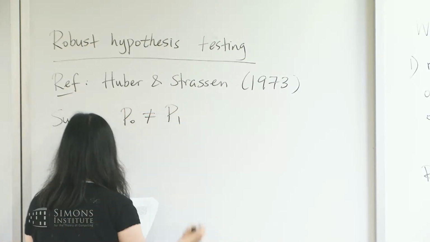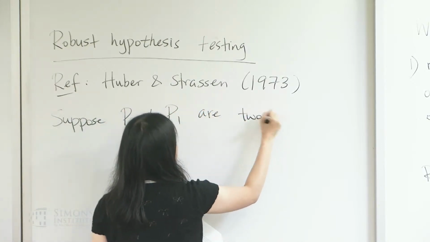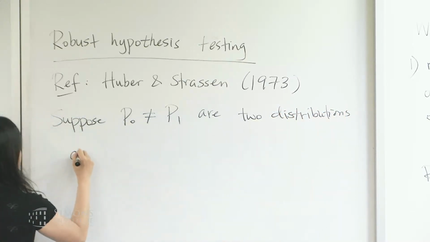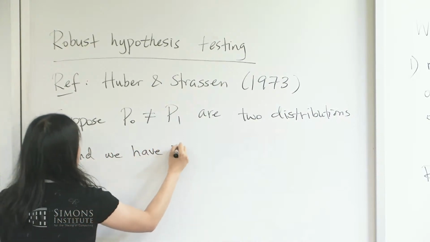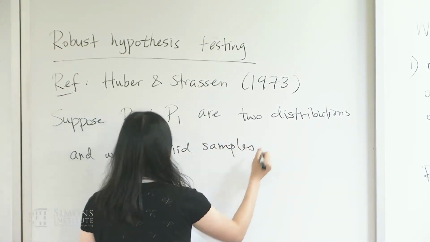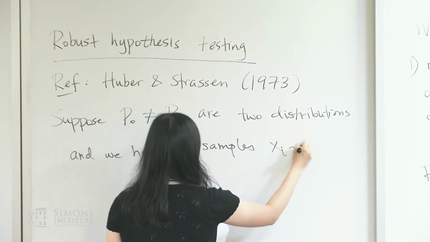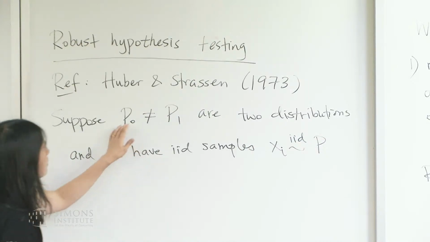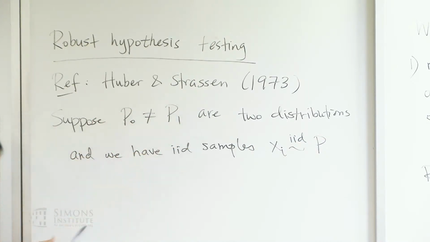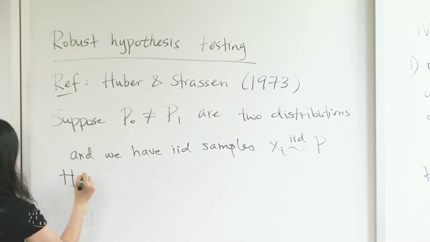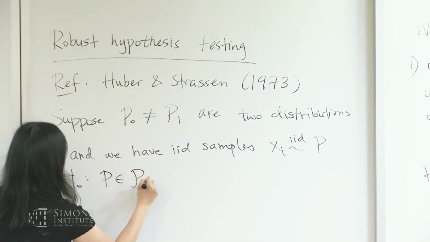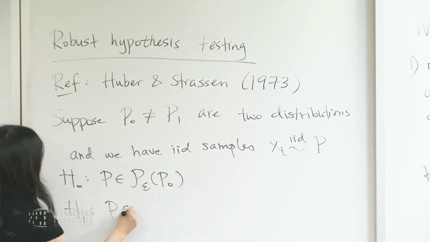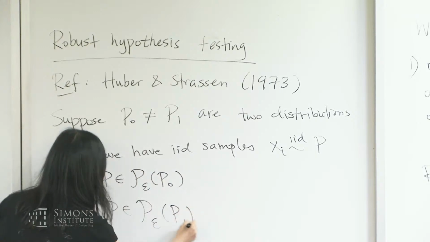So suppose P0 not equal to P1 are two distributions, and we have IID samples xi that come from a distribution P. Now, P is either in an epsilon ball around P0 or an epsilon ball around P1. So we have a hypothesis test: H0 is that P is in the Huber ball around P0, and H1 is that P is in the Huber ball around P1.